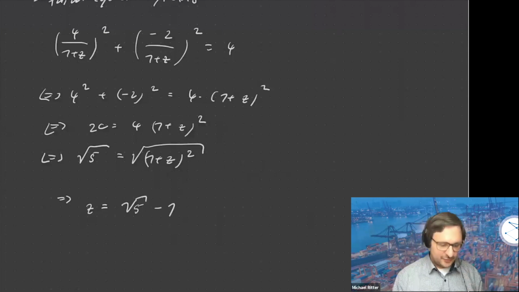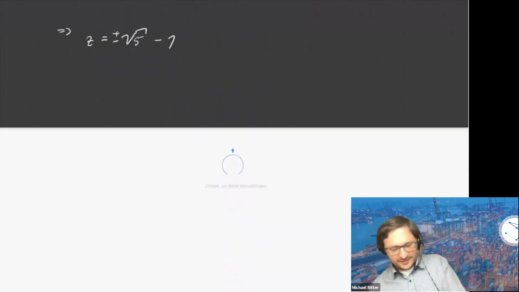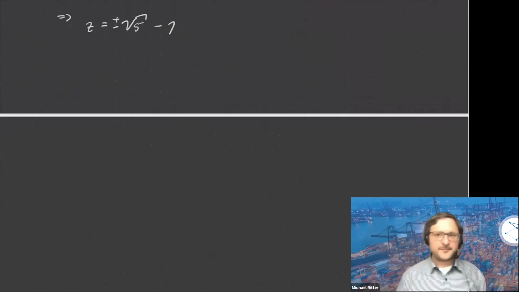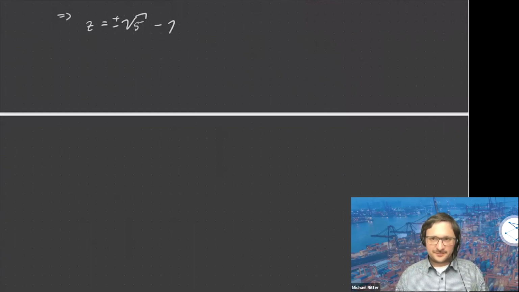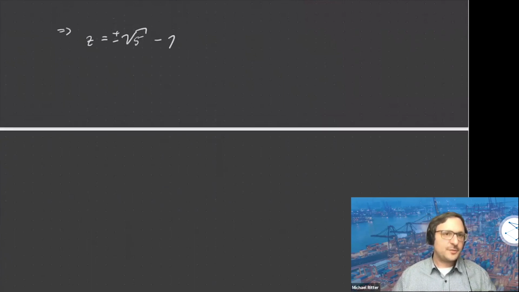Instead, when I take the square root, I'll just say this might be plus or minus that square root. Okay? So what I have here is then z equals plus or minus square root of 5 minus 1. We'll just have to deal with 2 different cases and then find out which one is the right one later. Okay, so here we have 2 candidates for multipliers. And that means we can, of course, compute the corresponding values for the x's.